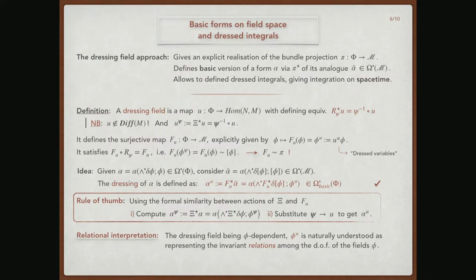So the dressing field is naturally understood as representing the invariant relation among the degrees of freedom, because what I have done is coordinatize some of the degrees of freedom of phi with other degrees of freedom of phi that I knew in the dressing field. So this is the relational coordinatization. It formally implements the notion of invariantly codefined physical degrees of freedom.